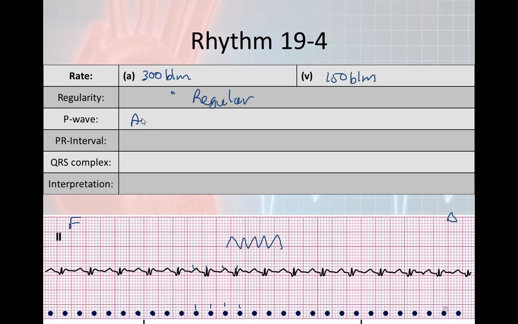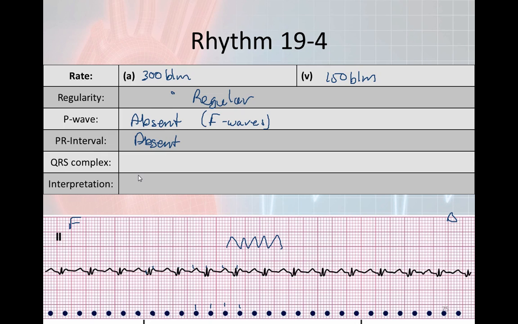P waves are absent because we have capital F waves. Because we have no P wave, we have no PR interval. The QRS complex looks kind of weird, but if you go from here to here, it looks like 1, 2, so it actually looks very narrow.